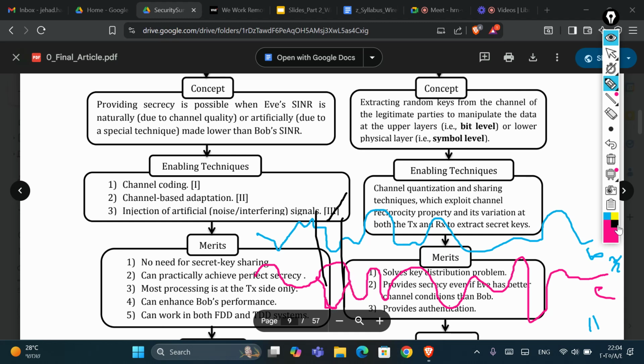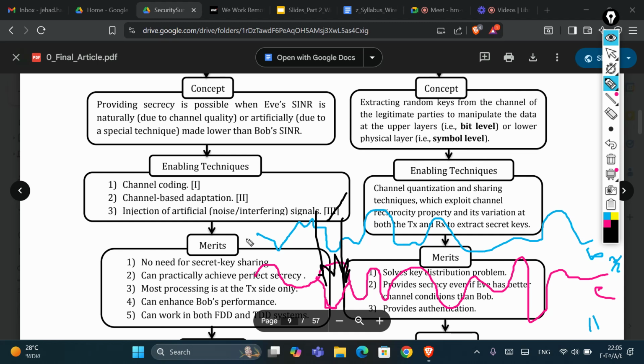And this power is no longer as high as this value. So in this case, although Bob's signal to noise ratio is low, Eve has an even lower signal to interference noise ratio. And therefore, when you subtract, Bob's will be stronger. So I can find a way to transmit my data here securely.